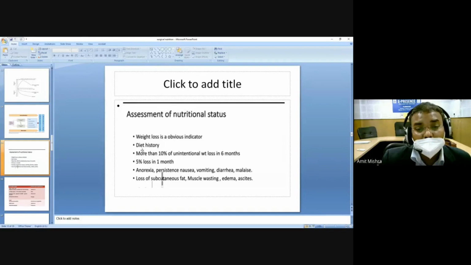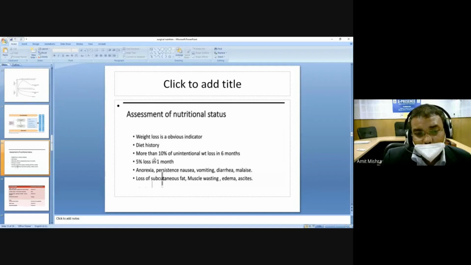More than 10% unintentional weight loss in 6 months means the patient is undergoing significant weight loss. Unintentional means that sometimes weight loss is intentional because a person wants to lose weight, but basically this is unintentional weight loss.